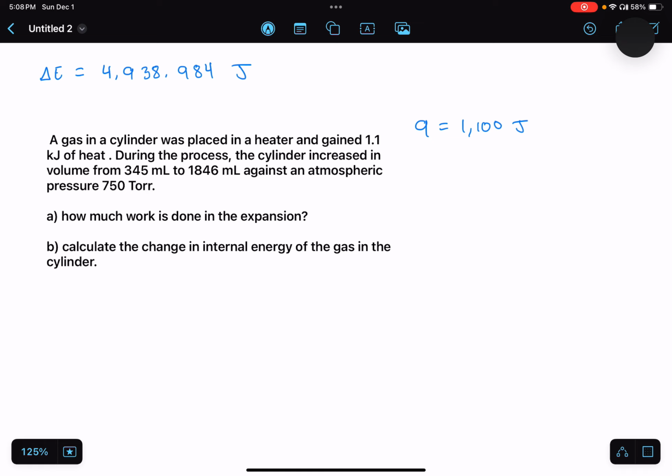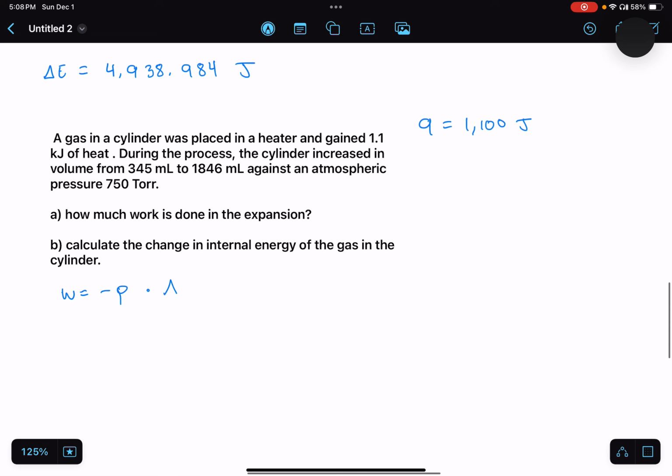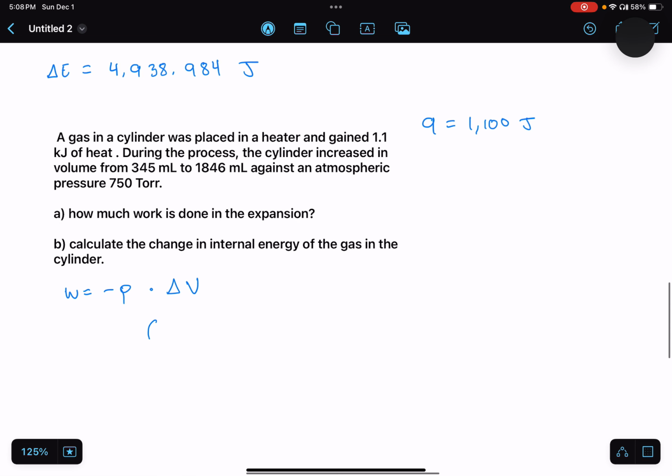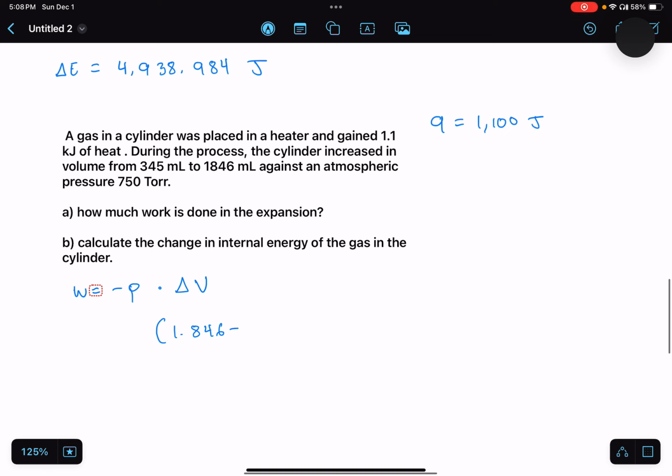So W equals negative P times delta V. Now delta V we can work out to be 1.846 minus 0.345, because 1,846 milliliters is just 1.846 liters.